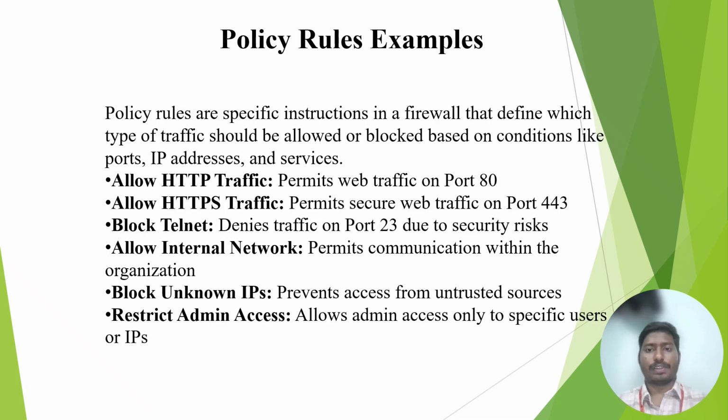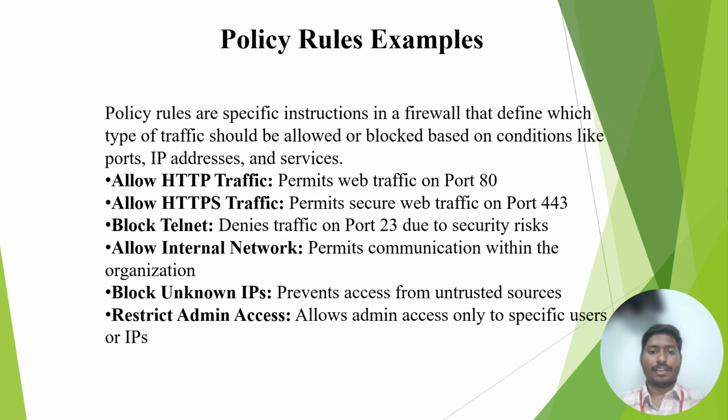Policy rule examples. The policy rules are specific instructions in a firewall that define which types of traffic should be allowed or blocked based on conditions like port, IP address, and services. Allow HTTP request: permit web traffic on port number 80. Allow HTTPS traffic: permits secure web traffic on port 443.